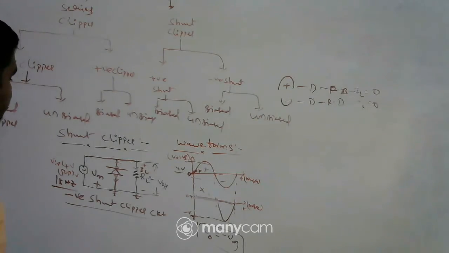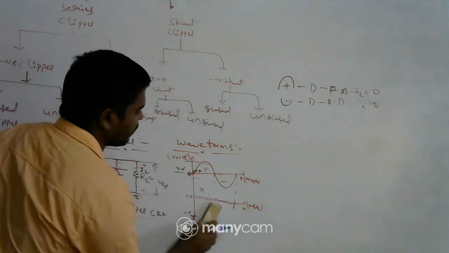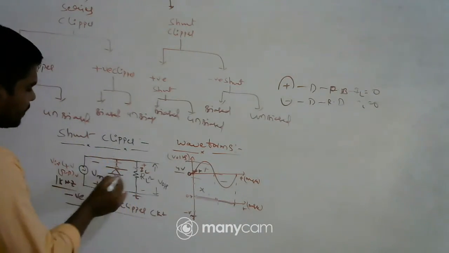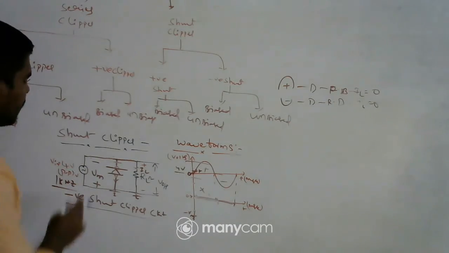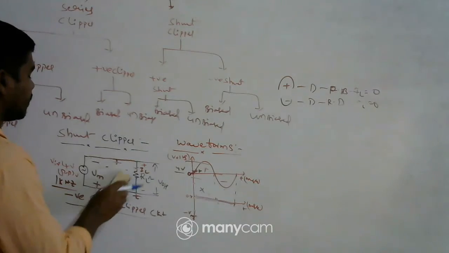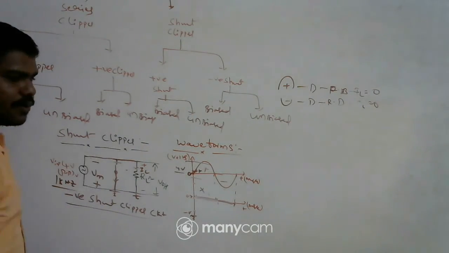Now what happened? For a positive half cycle, the diode becomes reverse bias. When you apply the negative half cycle, this diode becomes forward bias. Forward bias means short circuit, short circuit for a negative half cycle.